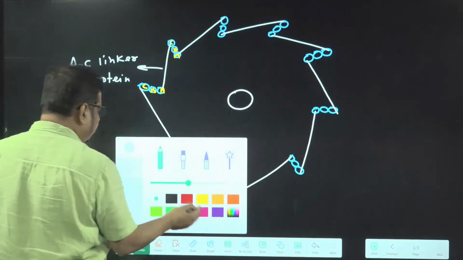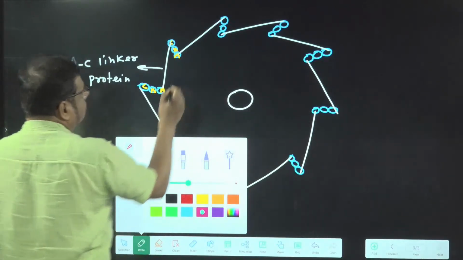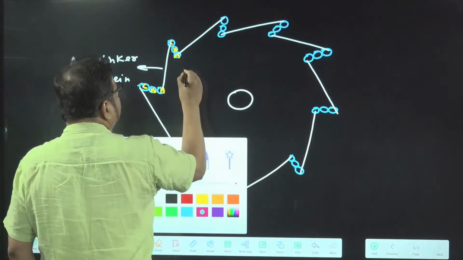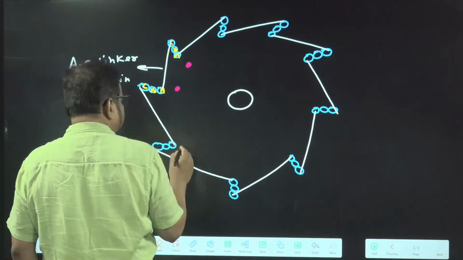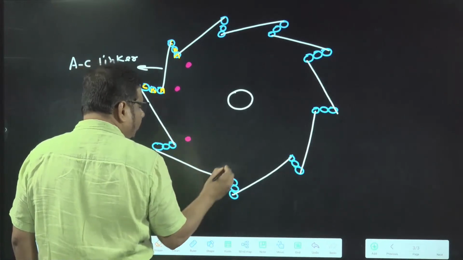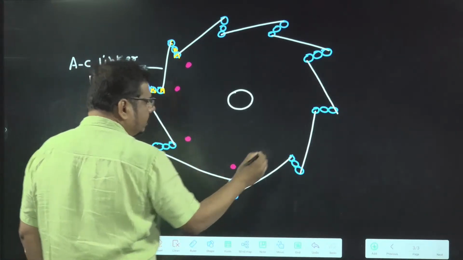Now what you will notice? Below the A, there is a dense material present, like this.